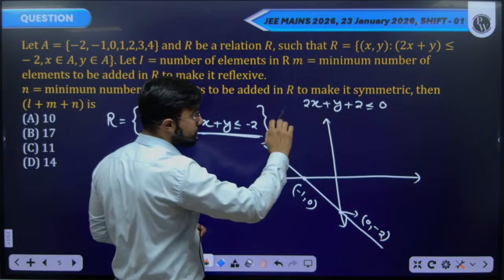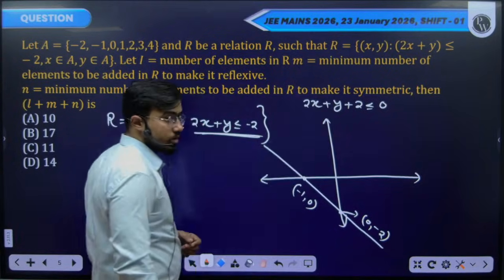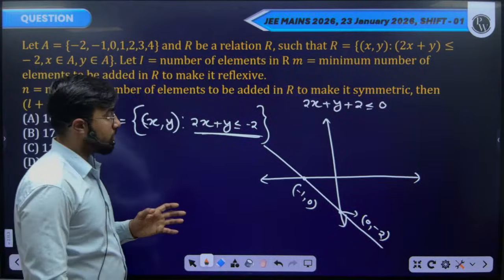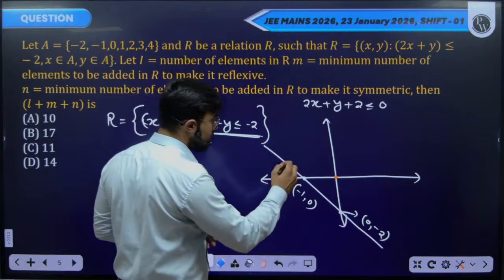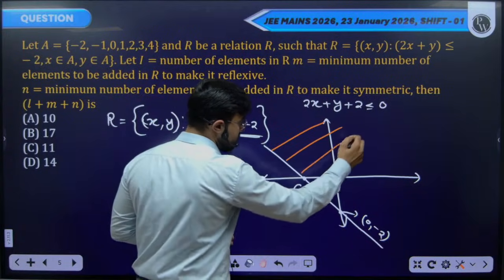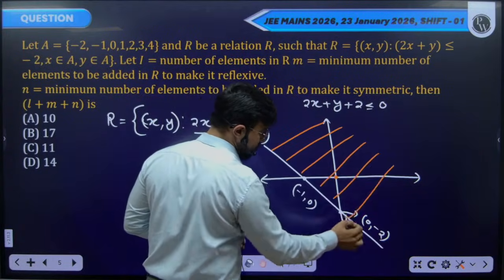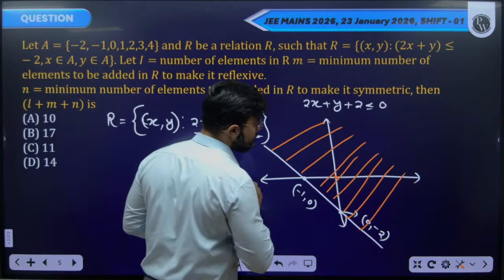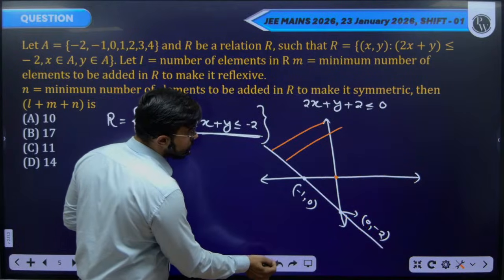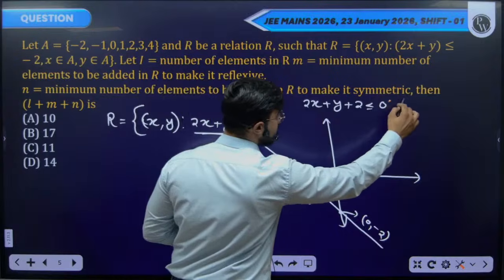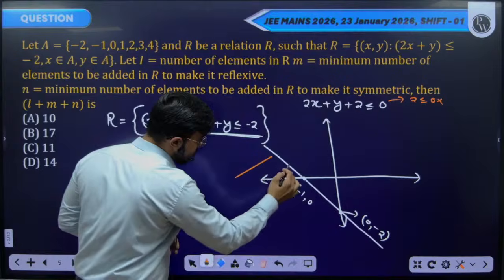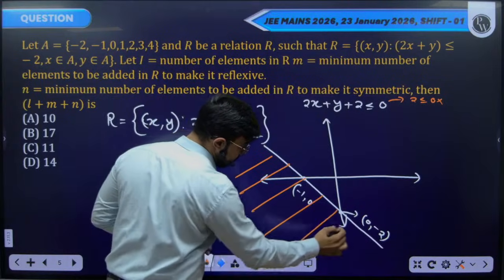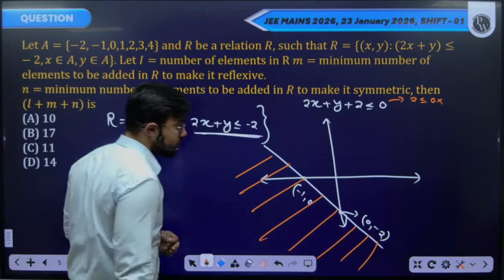If I put the origin here, 0, then 2 less than or equal to 0 is not correct, so the origin is not satisfied. This is the region we have.